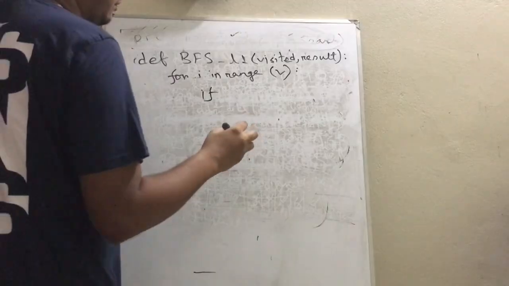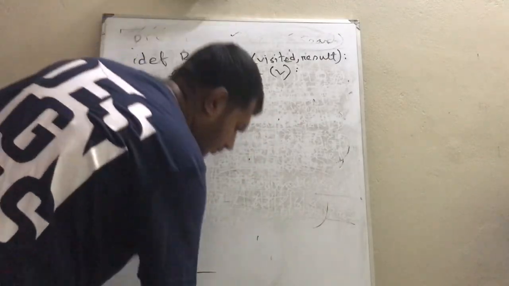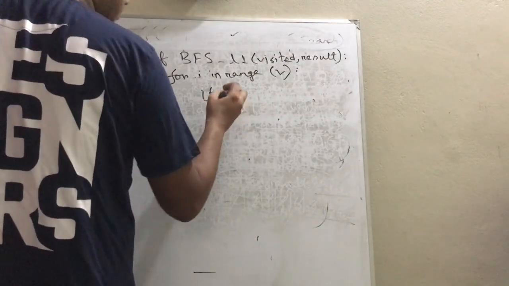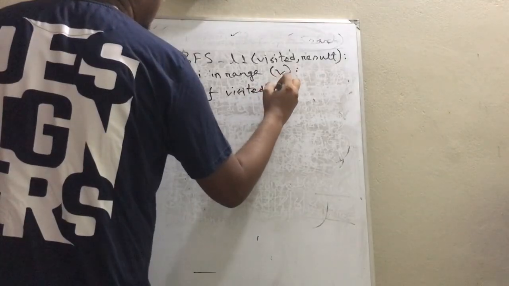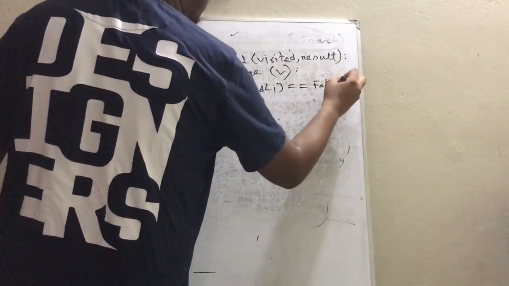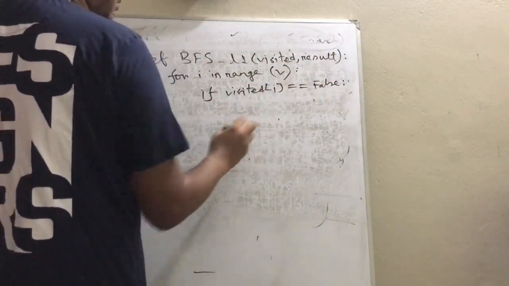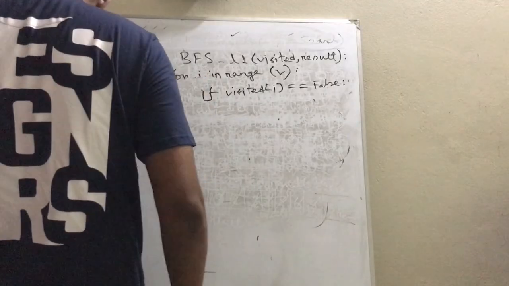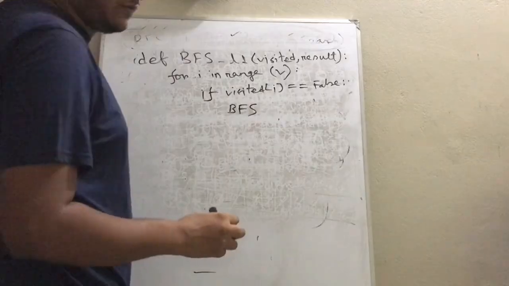We assume that whatever you see is not already visited. If vertex i is not visited, then we pass it to the actual BFS algorithm.